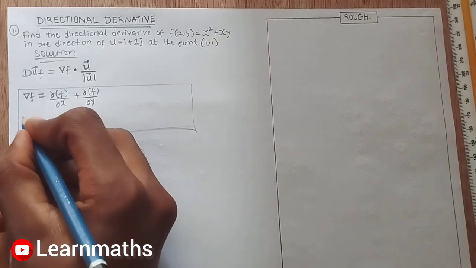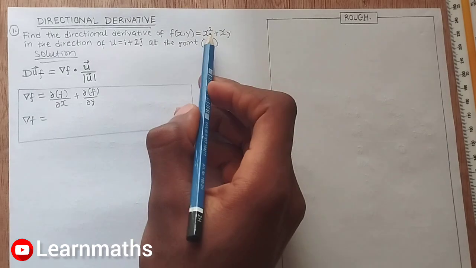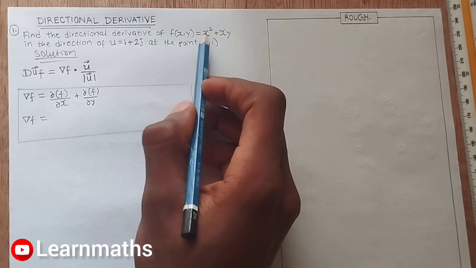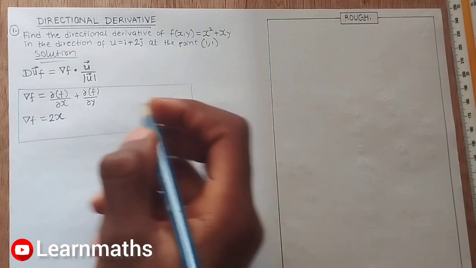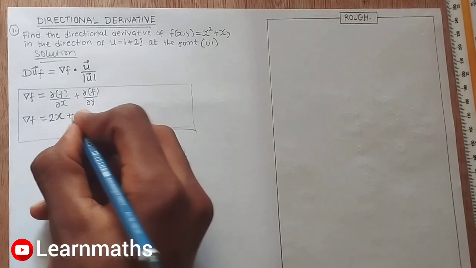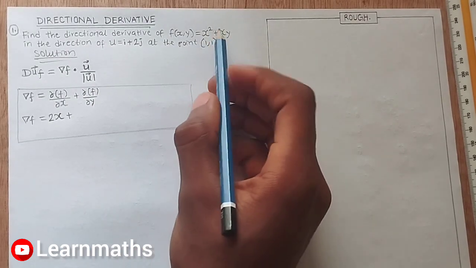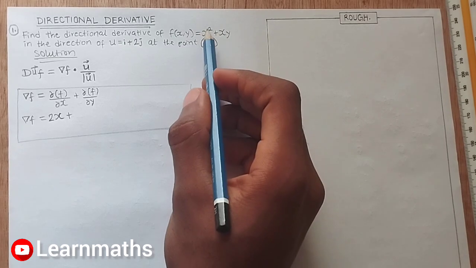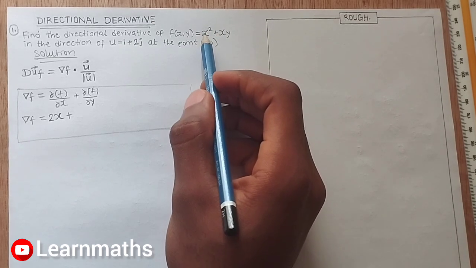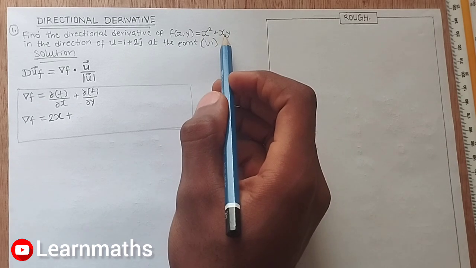So let's differentiate this function with respect to x. Differentiating x squared with respect to x gives 2x. Then you differentiate the same function with respect to y. Differentiating the first term with respect to y is going to be 0. Differentiating the second term with respect to y is going to be x.